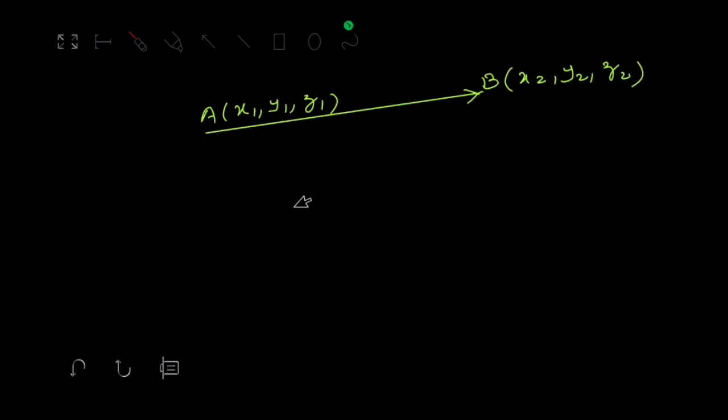So now let us talk about how to write a vector AB whose terminal point is x2, y2, z2 and whose initial point is x1, y1, z1.